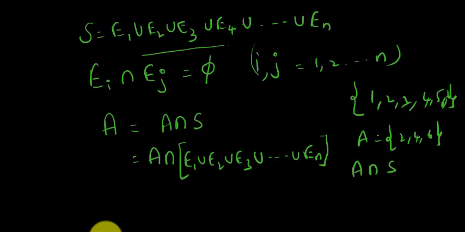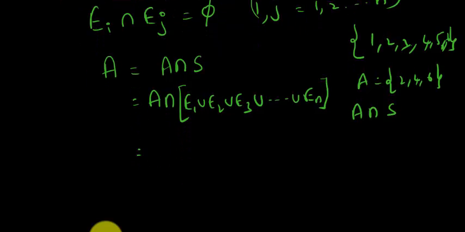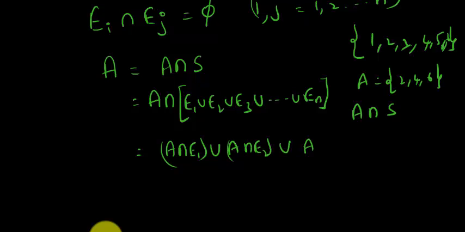Okay, perfect. So can I further write this as what? A intersection E1 union A intersection E2 union A intersection E3 union goes on till union A intersection En. I can do this, right? Okay, perfect.